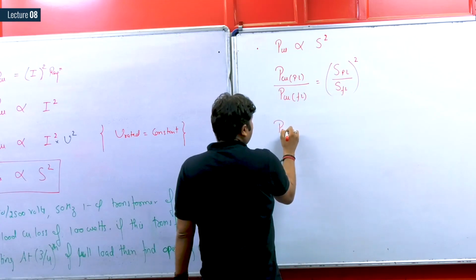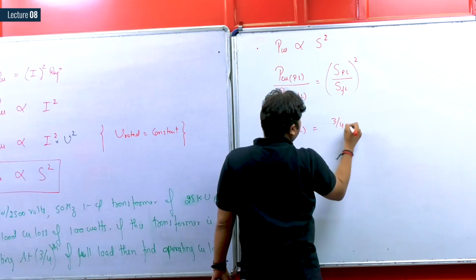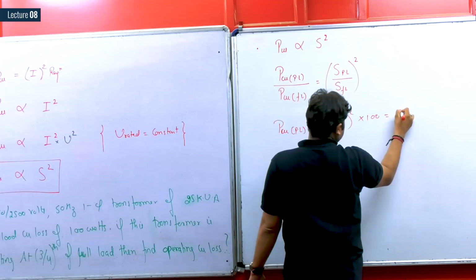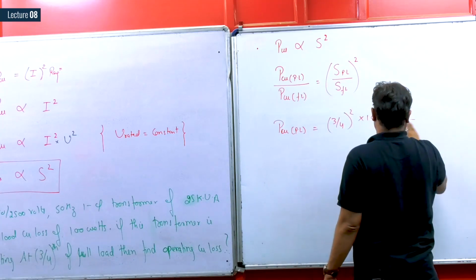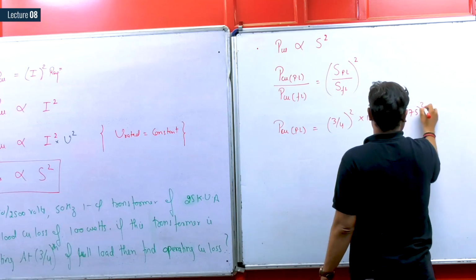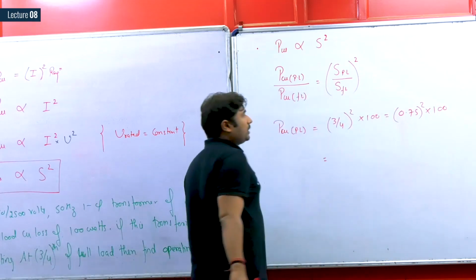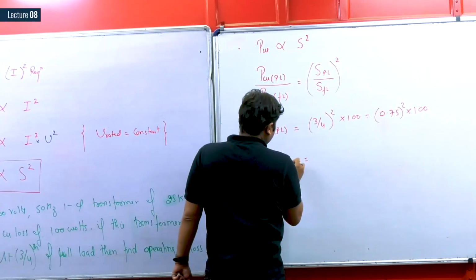So operating copper loss will become 3/4 of full load square into 100. This will become 900 by 16, or it is better to say 0.75 square into 100. We can easily find the operating copper loss.